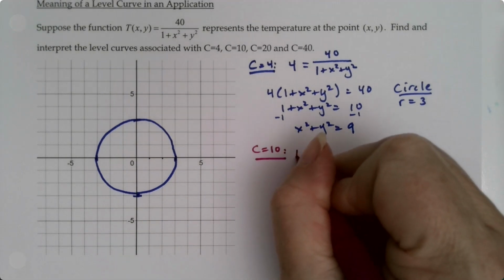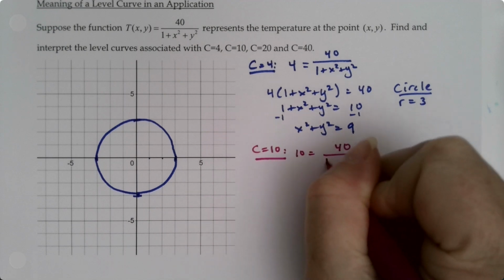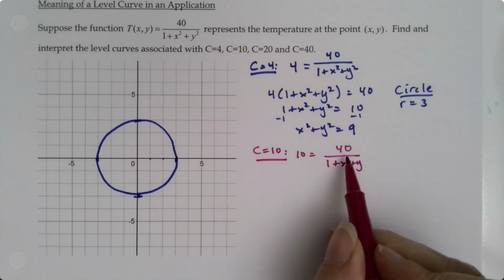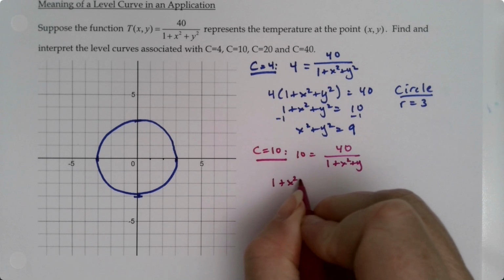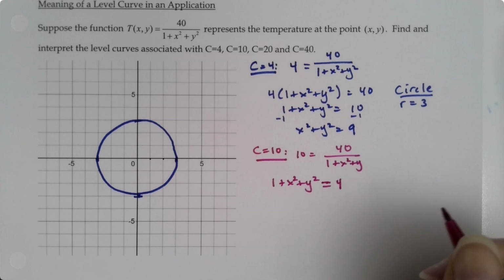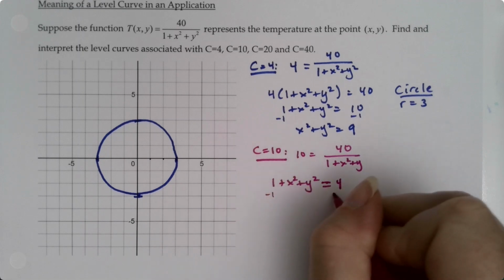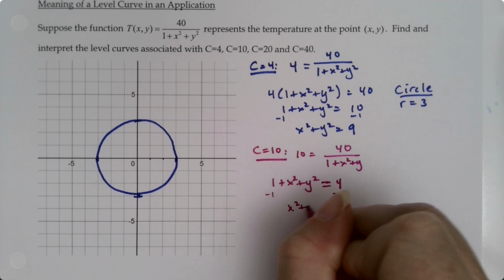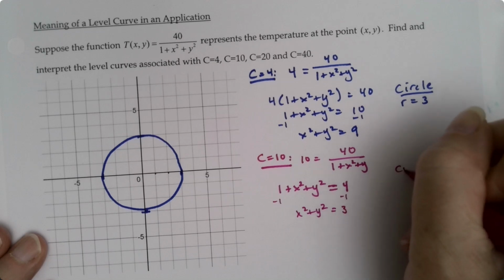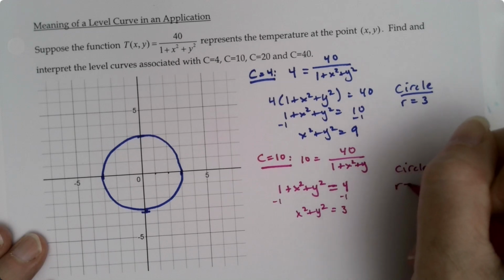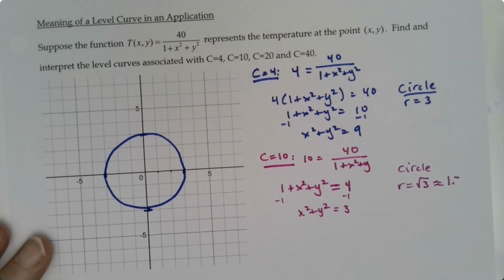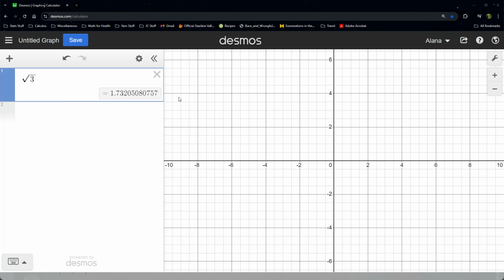So 10 is equal to 40 over 1 plus x squared plus y squared. If we do the same trick, multiply by the denominator and divide by 10, you'll end up with 1 plus x squared plus y squared equals 4. Then we subtract 1 from both sides, and we have x squared plus y squared equals 3, which is a circle, and the radius is the square root of 3, which is about 1.7.